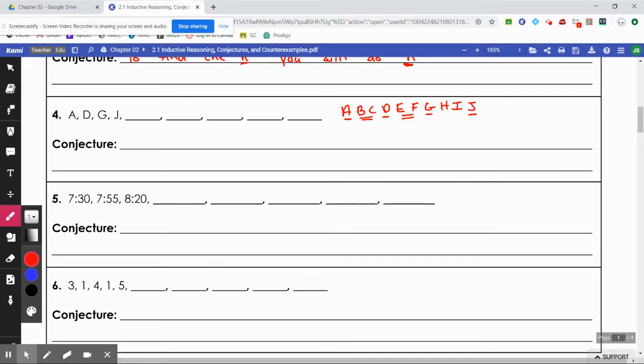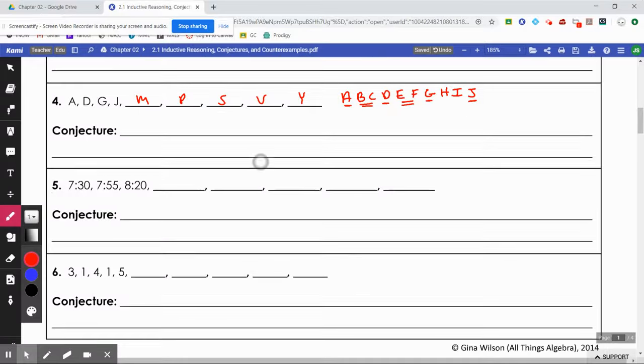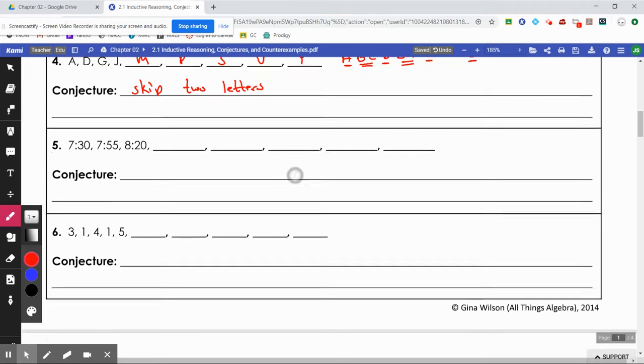We're skipping 2 letters is all. So J, K, L, M, N, O, P, Q, R, S, T, U, V, W, X, Y would be the next letters. So instead of writing all that again, we're just going to do skip 2 letters as our conjecture to find those other terms.